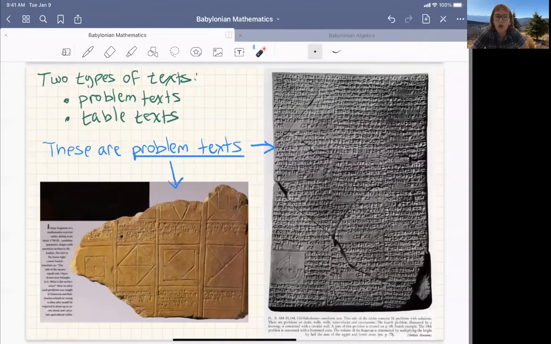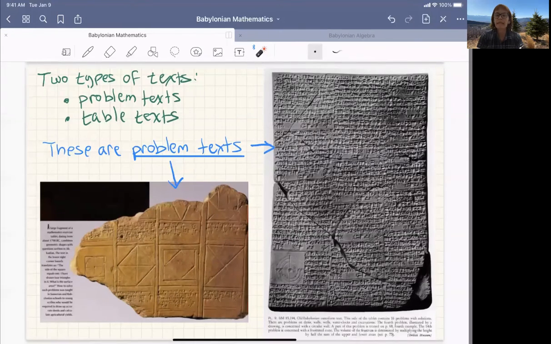So now that we know a lot more about Babylonian numbers, and we also know a little bit about how the Babylonians viewed pi, meaning the ratio of the circumference to the diameter, let's see what else they did. Like, what other kind of mathematics do we see on the Babylonian texts? So there are problem texts and there are table texts.